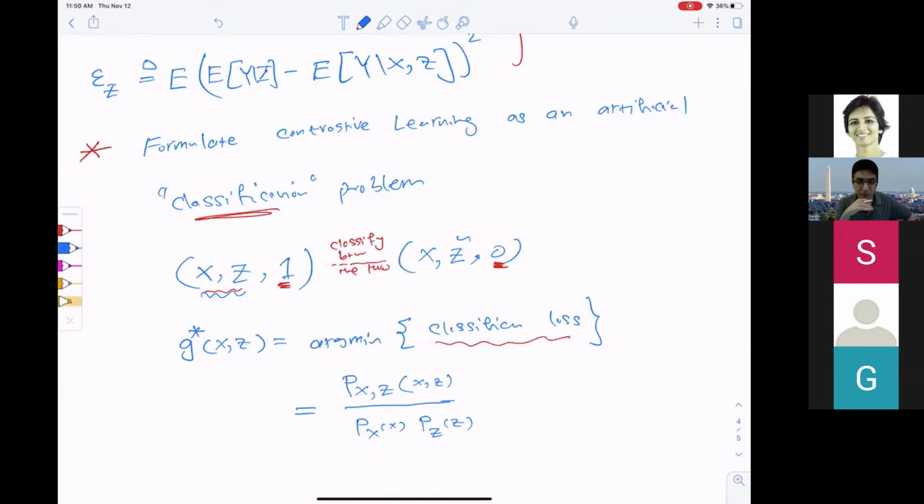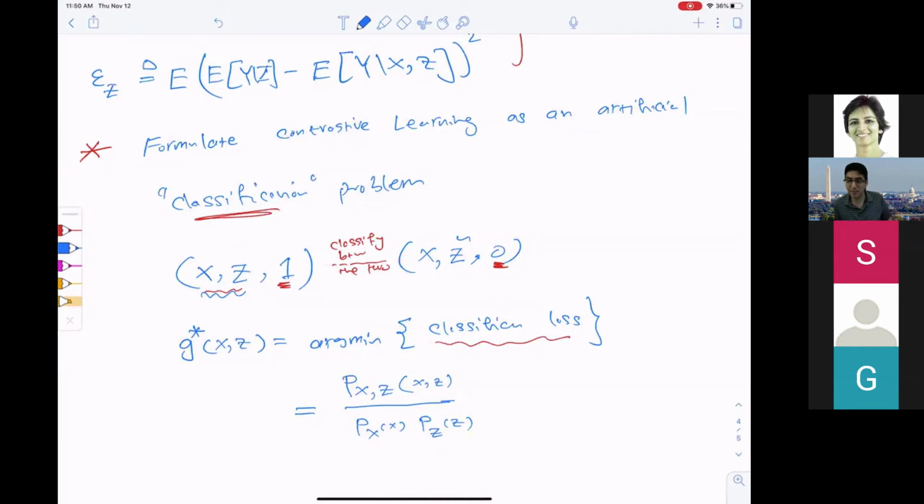How do we know the marginal distributions? The assumption is that we know the marginal distribution because at least you have samples from it.